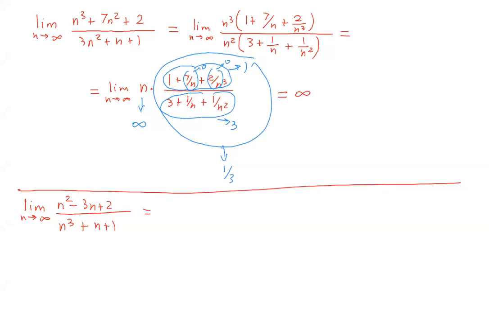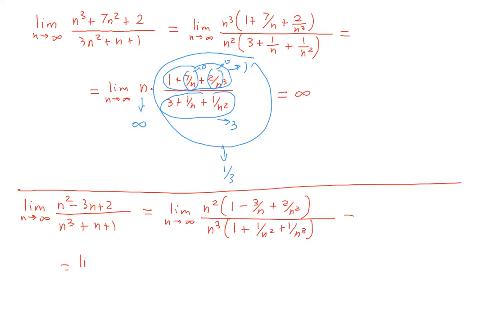Again, we use the same trick. We factor out n squared on the top. And on the bottom, we'll have n cubed times 1 plus 1 over n squared plus 1 over n cubed. And now when we simplify it as much as possible, then what we're left with is 1 over n. And we have the other fraction.